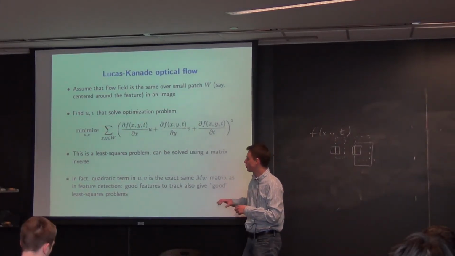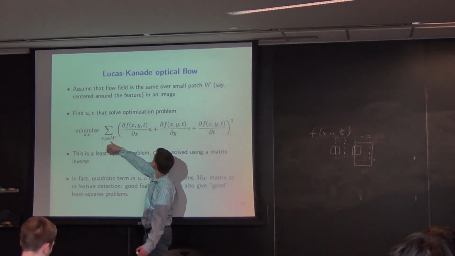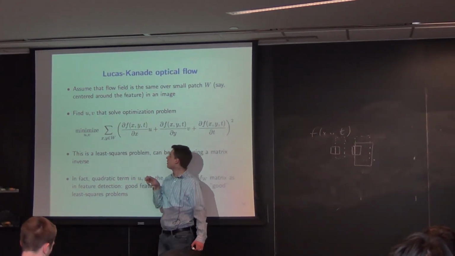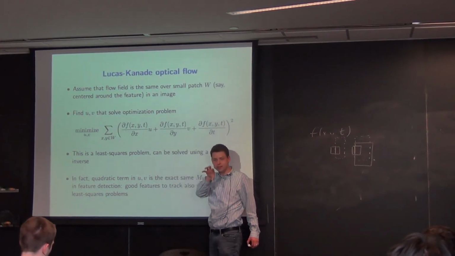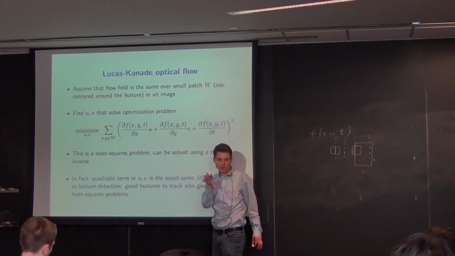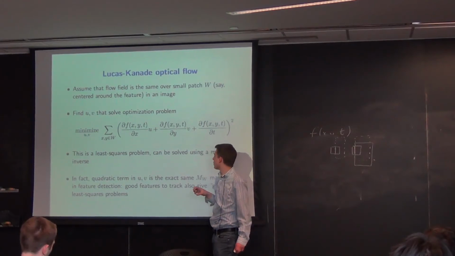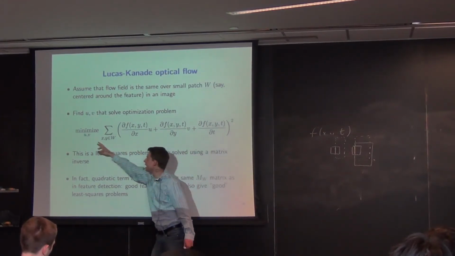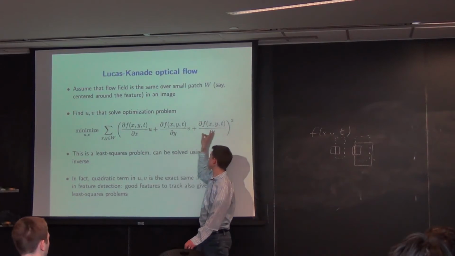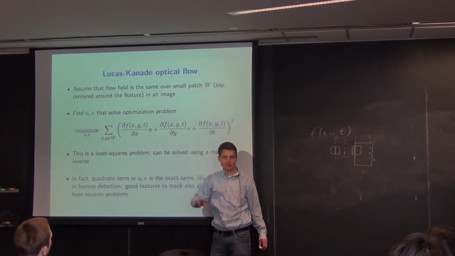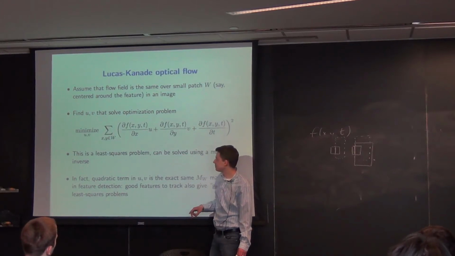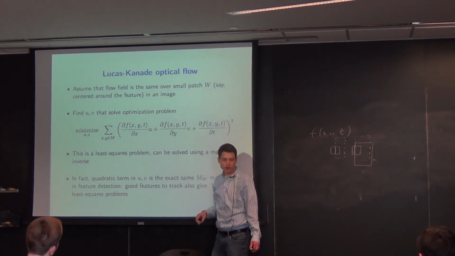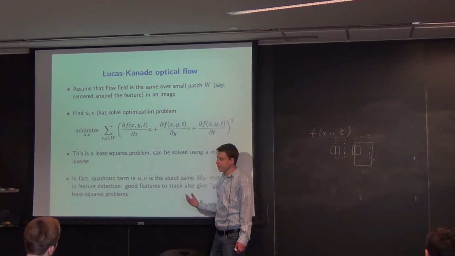We're going to look at some window around the point we're trying to track, and we're going to assume that the flow field within that window is the same everywhere in that window. And we're going to see, can we find a single u and v that minimizes this quantity? Now this is a quadratic problem. It's actually a least squares problem, so we can solve it with a single matrix inverse.